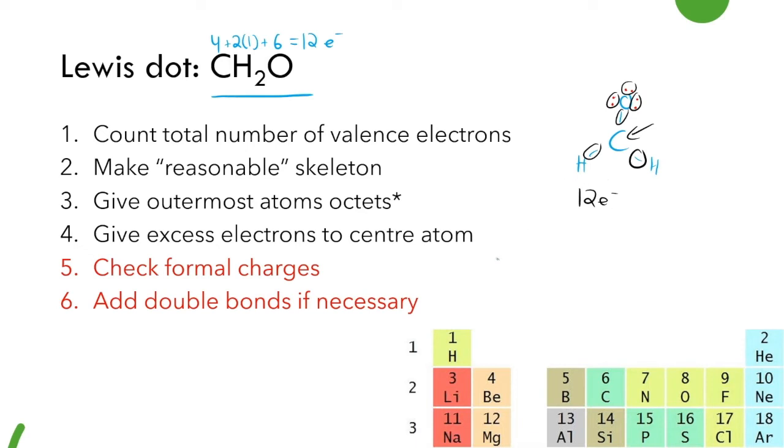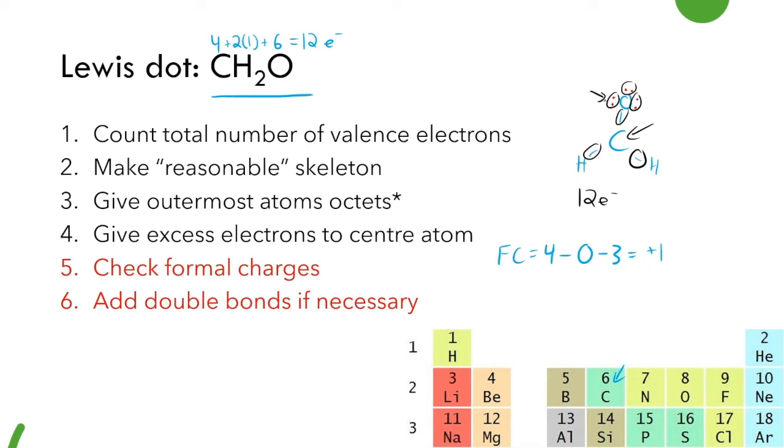So for that, our formal charge is going to be equal to the number of valence electrons on carbon from the periodic table, so that's 4, minus the number of lone pairs, that's 0, minus the number of bonds. We come out with positive 1.